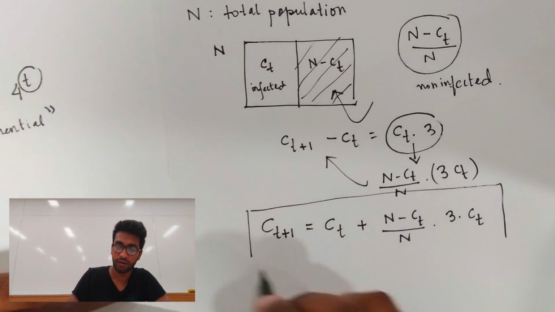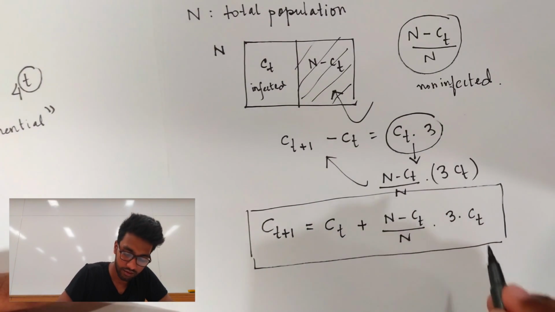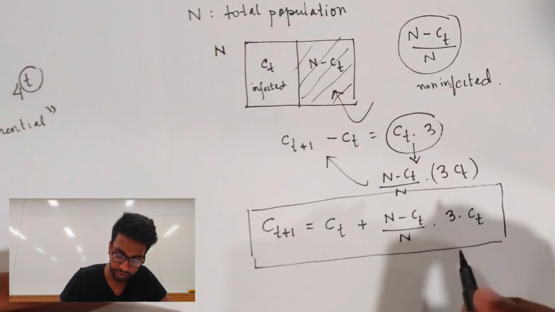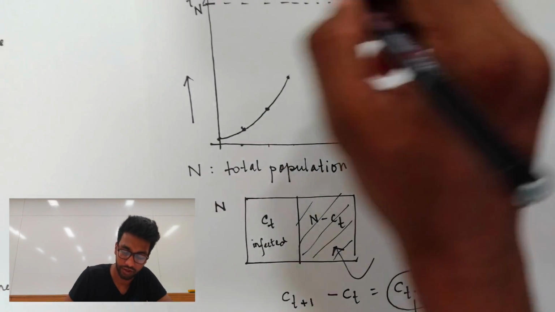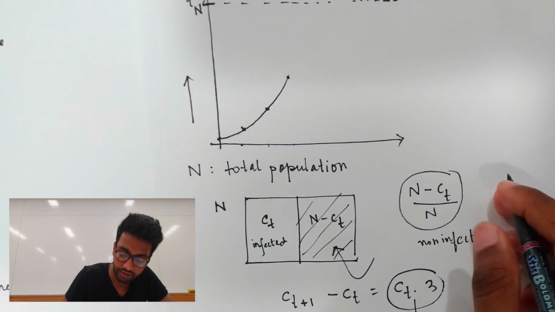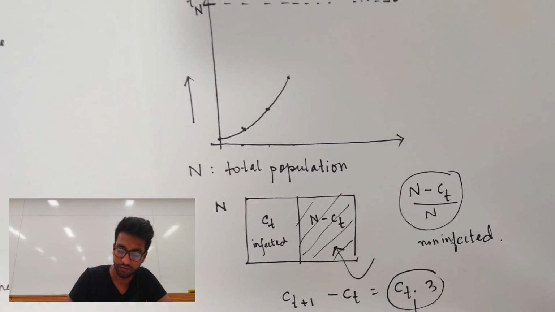Now we'll see how this changes the graph. We had the exponential growth, and we also saw that this curve we are drawing would never exceed the N threshold.